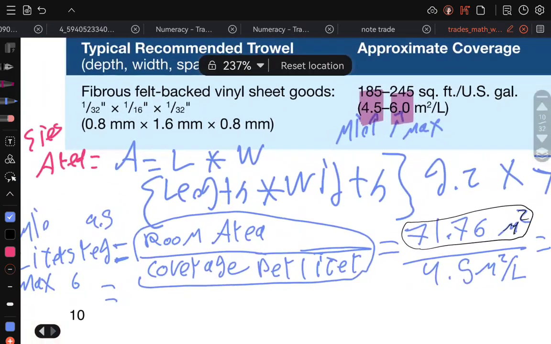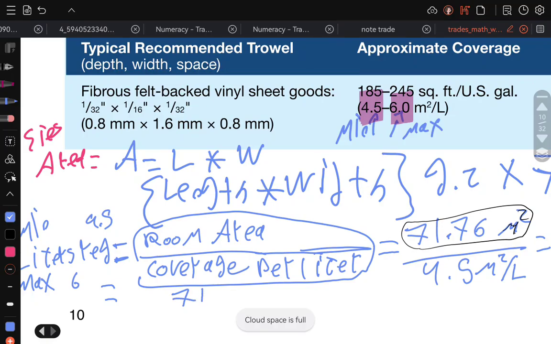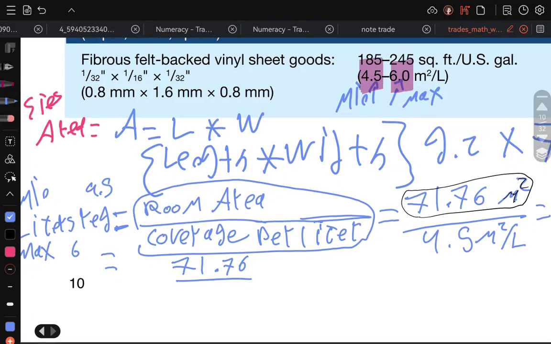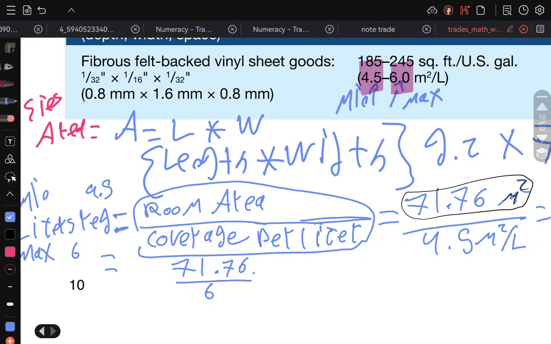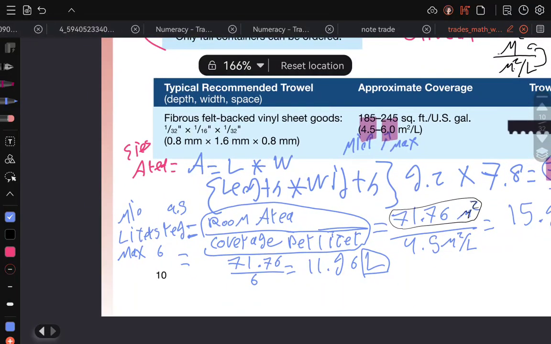It's gonna be the same, 71.76 divided by 6, and it's gonna be 11.96 liter. Don't forget the liter. Now we do have the minimum liter requirement, and we do have the maximum one.